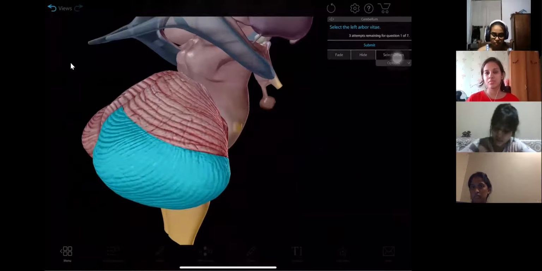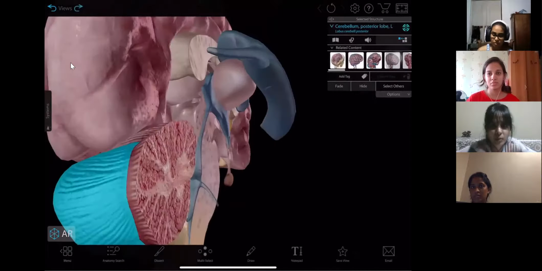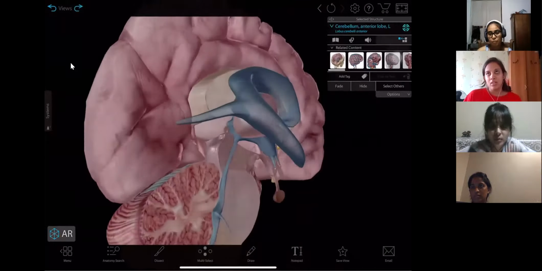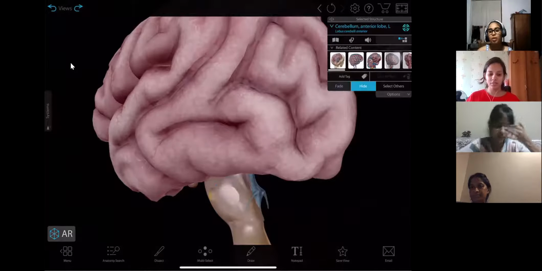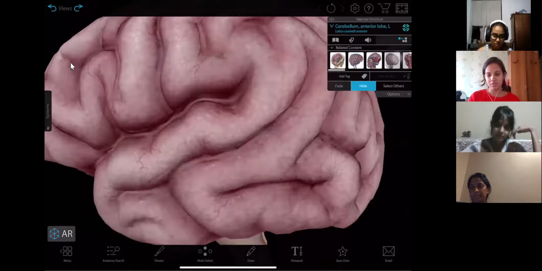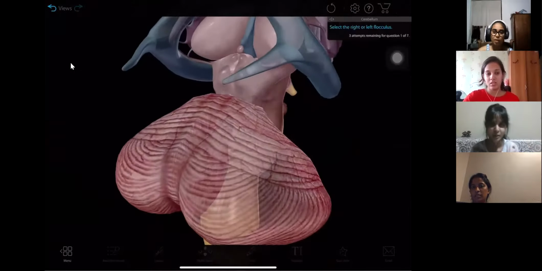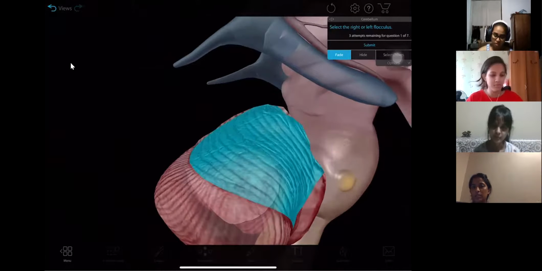Now, you can fade it, hide it. What is the function of the anterior lobe? It is connected to which system? It's for proprioception. Yes, it's related to our spinal cord, so proprioception.